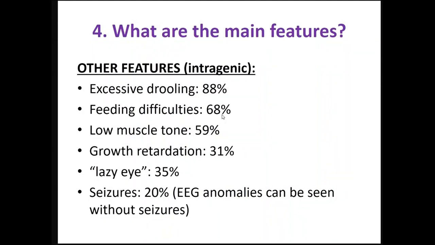We do also know that the EEG, which is electroencephalogram, can be abnormal even without having seizures. So when they go through the EEGs, often they have abnormal electrical activity of the brain, but not enough to be called a seizure, as we know a seizure is.